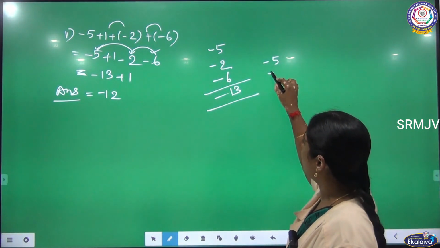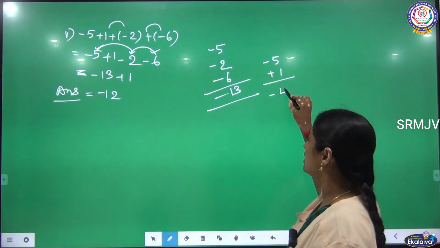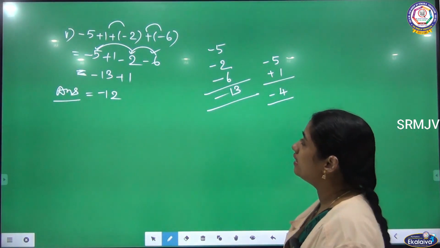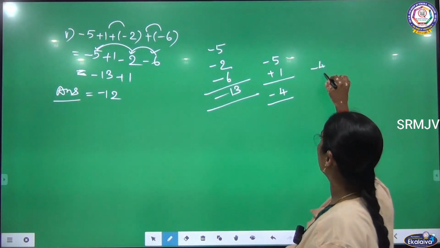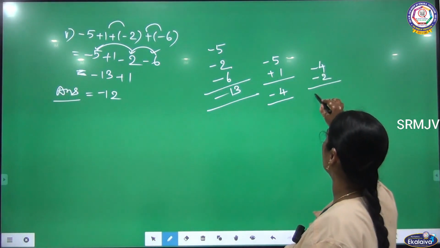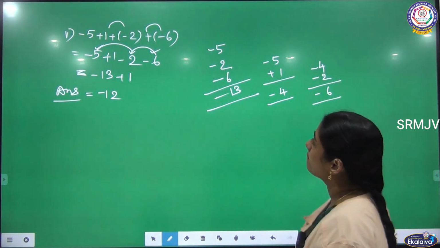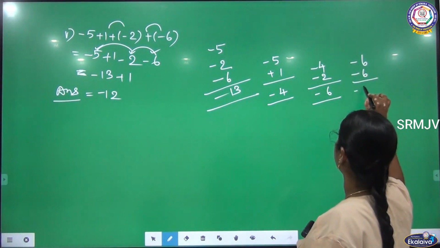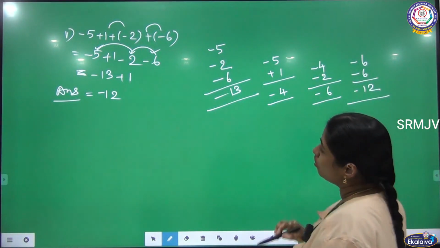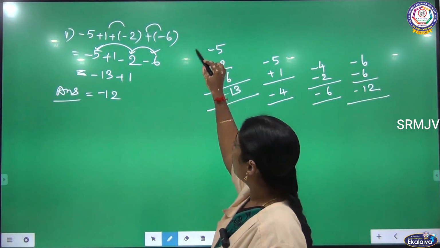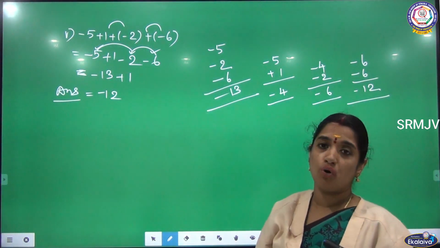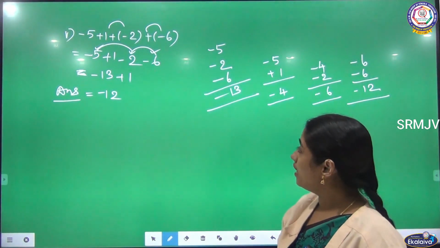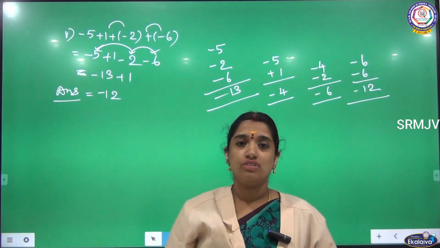Minus 5 plus 1, I get minus 4. Again minus 4 minus 2 is minus 6. Again minus 6 minus 6, I get minus 12. So if I do it like this also, I get the same answer, children.